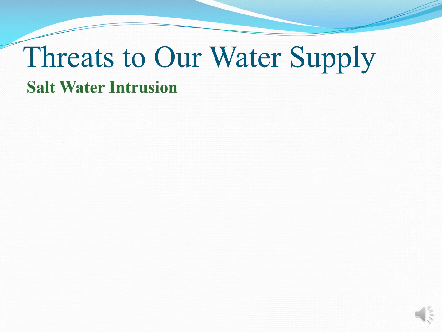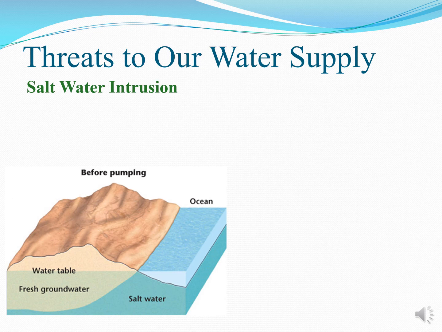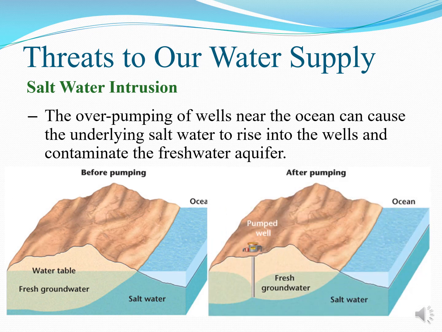Saltwater intrusion. Now, if you've been to the beach and got salt water in your mouth, you did not like that. The overpumping of wells near the ocean can cause underlying salt water to rise into the wells and contaminate the freshwater aquifer.